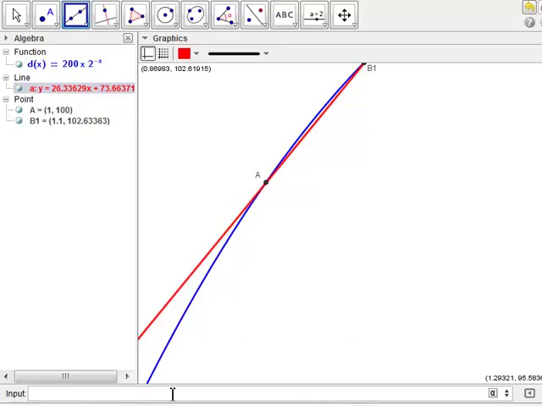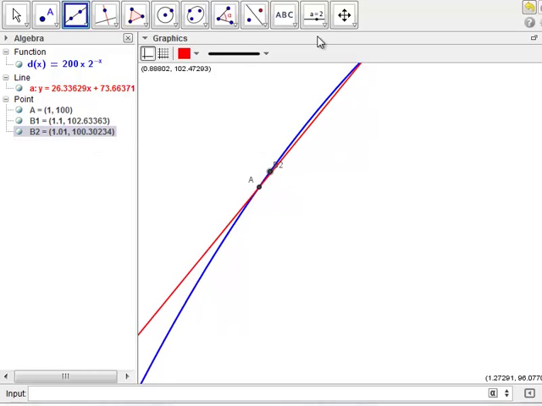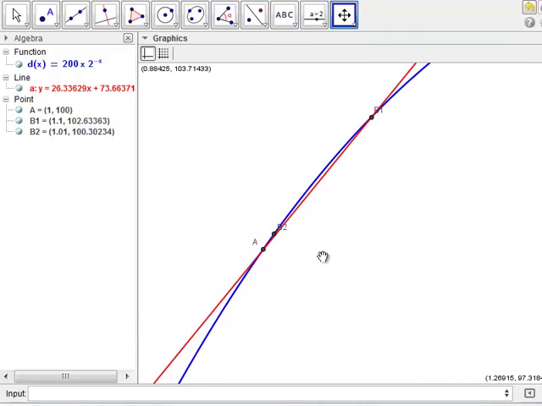So let's say B2, and let's let that be, this time, (1.01, d of 1.01). Okay, so that's like 10 times closer, isn't it? All right, here, let's center it up a little bit.